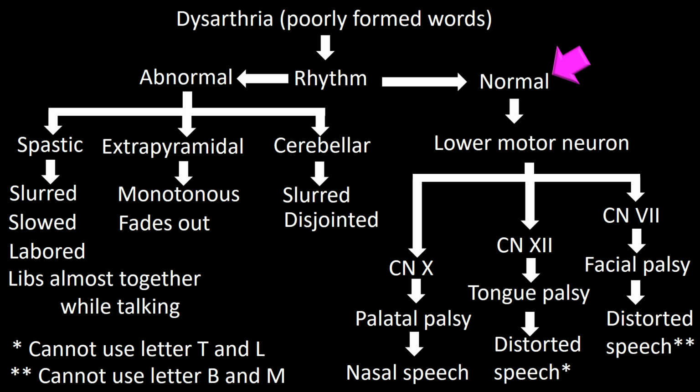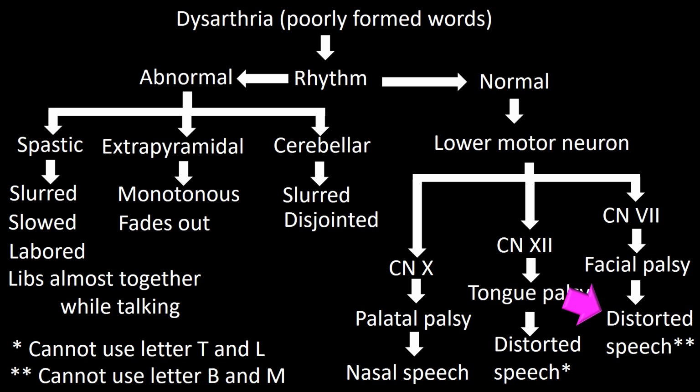If it is normal and the speech is nasal, the patient is likely to have palatal palsy due to vagal nerve pathology, if local nasal pathology is ruled out. If speech is distorted and the worst pronounced letters are T and L, the patient has a tongue palsy, likely due to hypoglossal nerve problems.